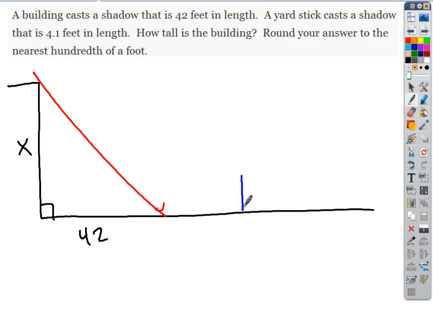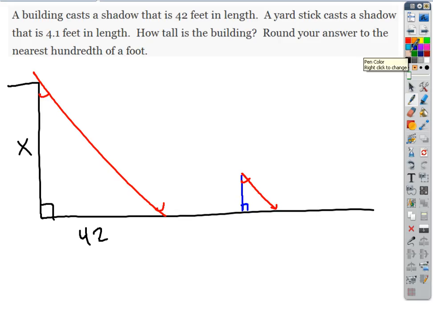If the yardstick is perpendicular to the ground, then wouldn't you agree, here's kind of the tricky part of this: the sun is so far away that the light all comes in parallel, doesn't it? Right? So isn't this angle the same as that angle? So then those are similar triangles, aren't they? Right? So good. So now if we label these parts here, what's the height of a yardstick in feet? 3.